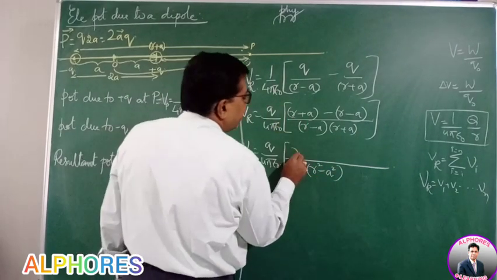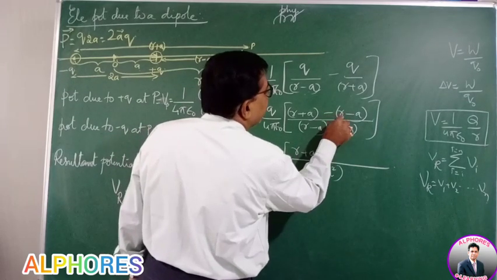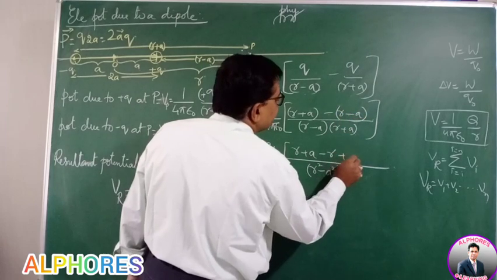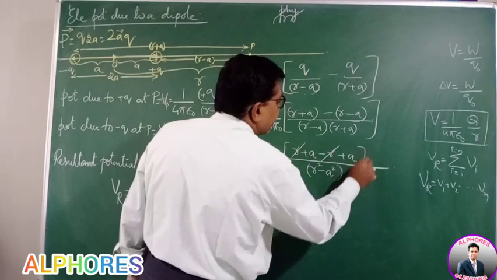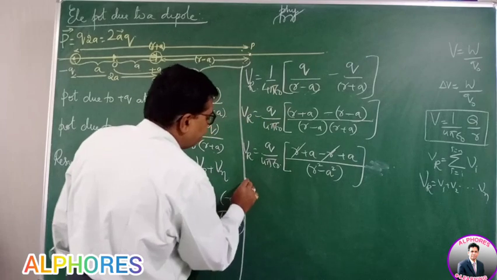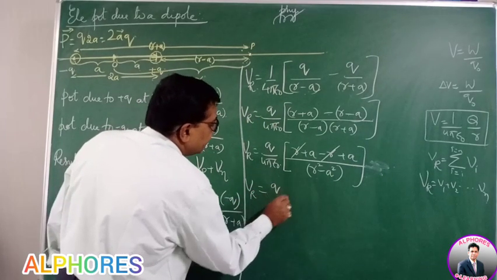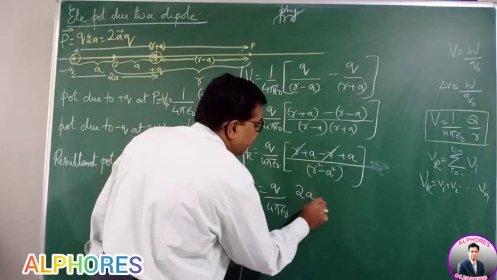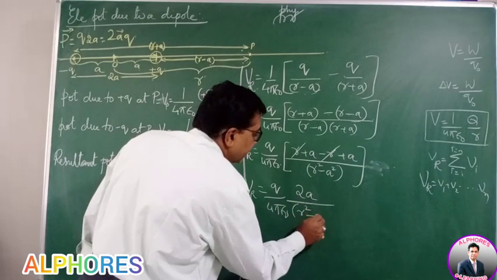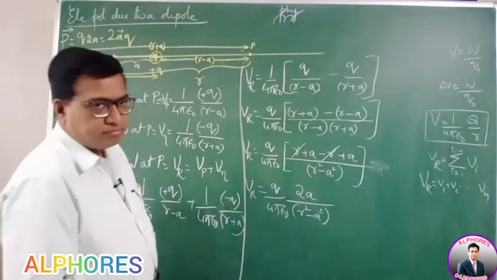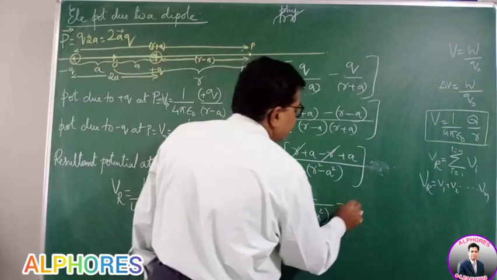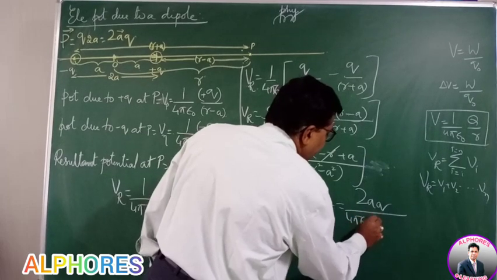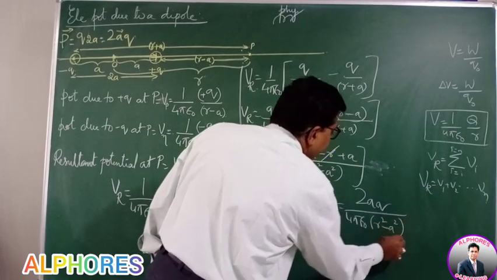Well, in the numerator, it is R plus A. Multiply minus into this. So minus R, minus of minus A, that is plus A. So this gets cancelled. So therefore, resultant potential is Q by 4 pi epsilon naught, it is 2A by R square minus A square. So therefore, it is 2AQ by 4 pi epsilon naught R square minus A square.